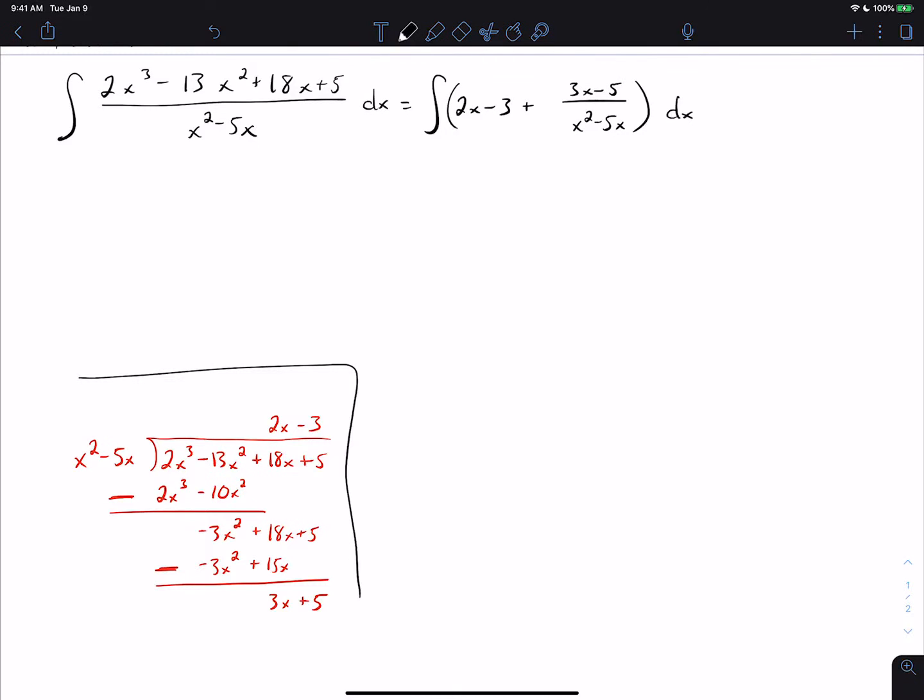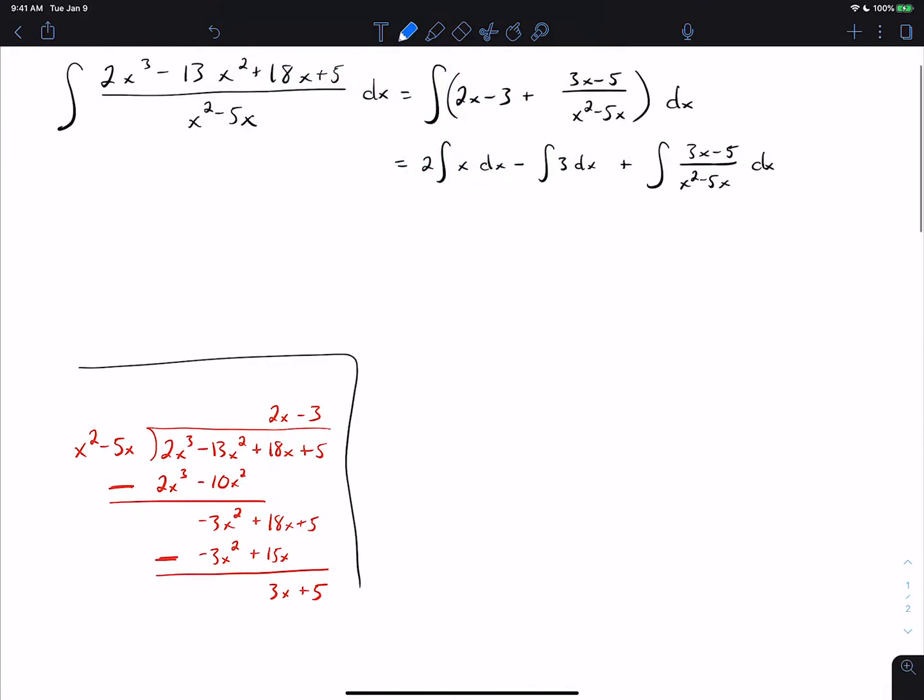Now we divide this into three separate integrals. We've got 2 integral x dx minus the integral of 3 dx plus the integral of 3x minus 5 over x squared minus 5x dx. The first two integrals are straightforward. The third integral is partial fractions.